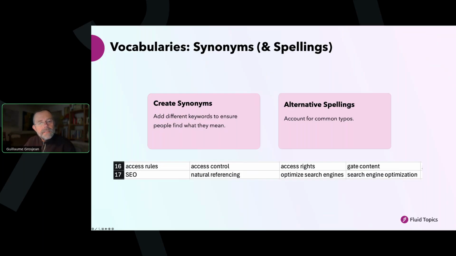All these lines are considered in the index as equal. When you search access control, you can find access rights and so on. A vocabulary can be a SKOS file as well.